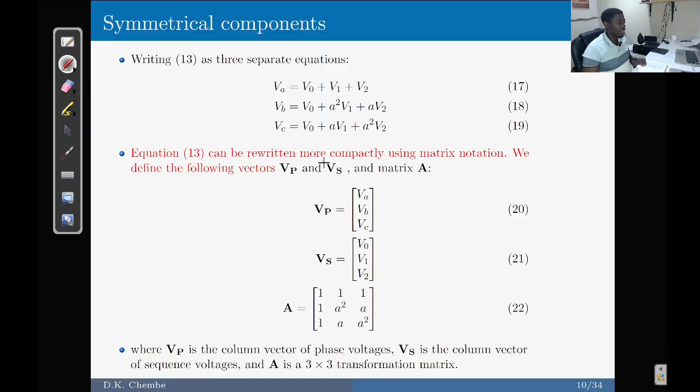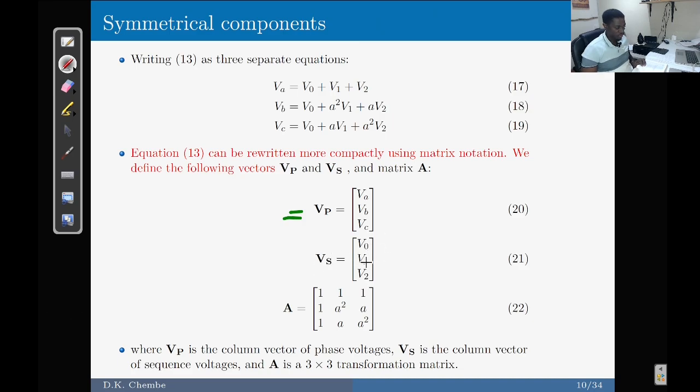And we can rewrite these phase voltages to be represented by Vp, which is just a column vector of the phase voltages. And then we can represent the symmetrical component voltages as Vs, which is a column vector of the sequence voltages.